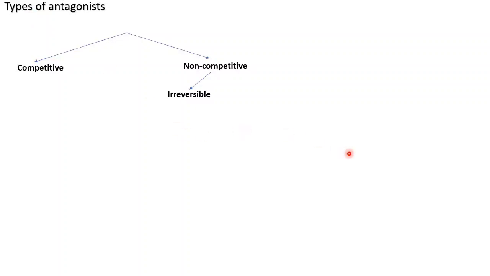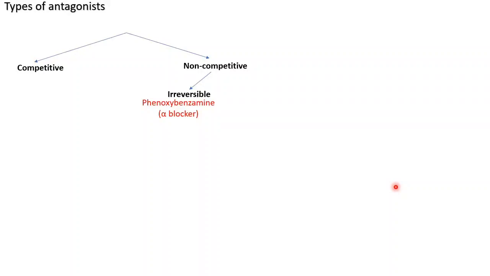An example for a non-competitive irreversible antagonist is a drug called phenoxybenzamine. This drug is an antagonist for the alpha receptor. It is an alpha blocker. This phenoxybenzamine binds to alpha receptor in an irreversible manner, and by that way it blocks or prevents the action of the real agonist of alpha receptor, which is norepinephrine.